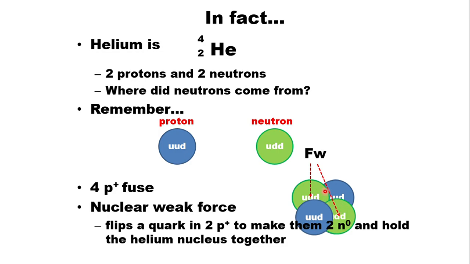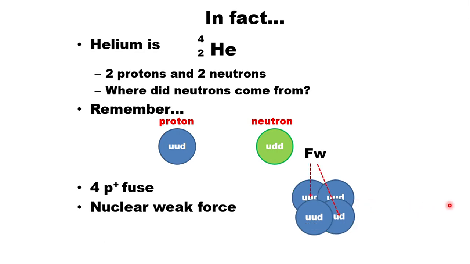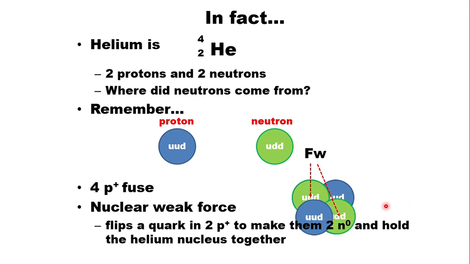By turning these protons into neutrons, you've reduced the electromagnetic repulsions by half, but you've kept the strong force attractions the same. And so without the weak force turning protons into neutrons, you actually could not create any larger nuclei. The universe would be only hydrogen.